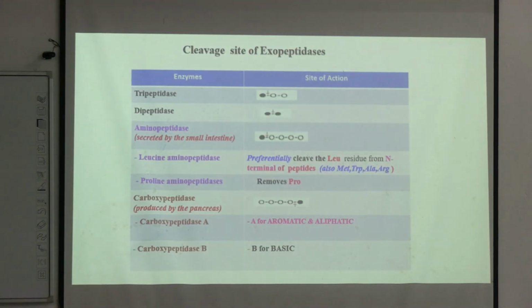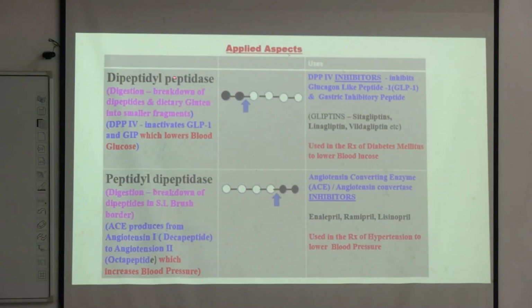So you see here dipeptidyl peptidase. On the amino terminal, if this dipeptide is cleaved, that is done by dipeptidyl peptidase. And if on the carboxyl side this dipeptide is cut, that is done by peptidyl dipeptidase. There is a practical application: DPP4, DPP means dipeptidyl peptidase.